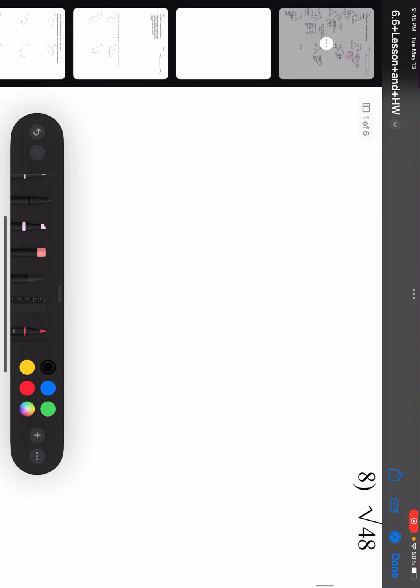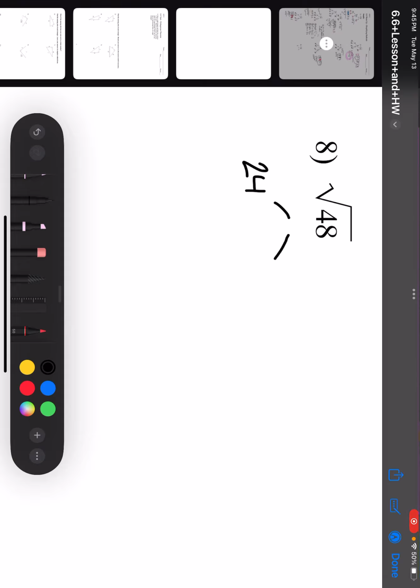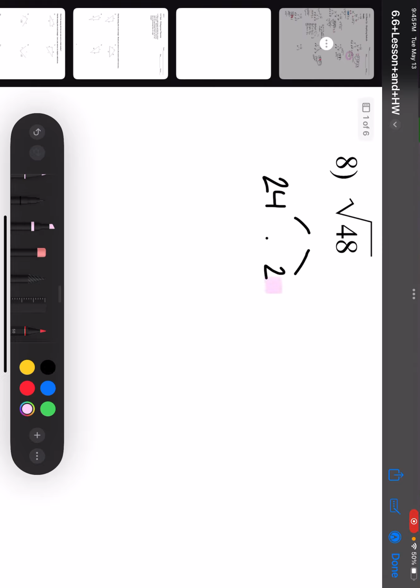Okay, we have 48. I feel like to get 48, we can do 24 times 2. Okay, we have one factor number. And then we can do 6 times 4.